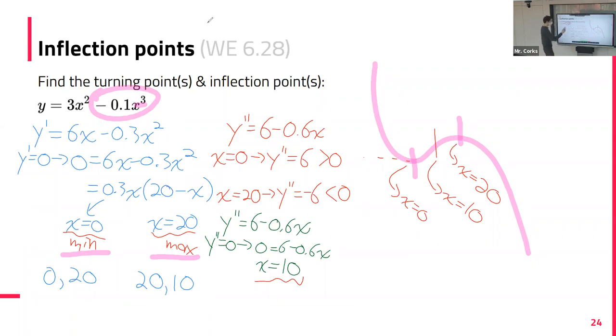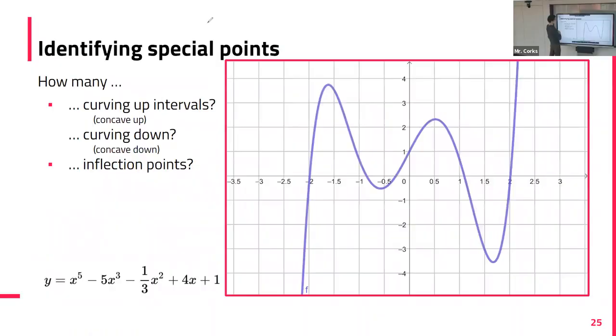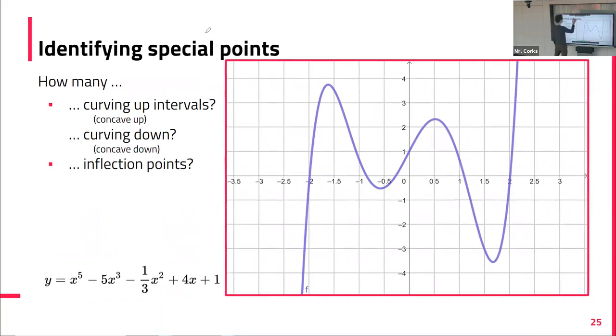Not always. In 2 slides, I will explain that. Okay, so let's just look at this function here, and can you try to identify now visually how many intervals of curving up and curving down do we have?